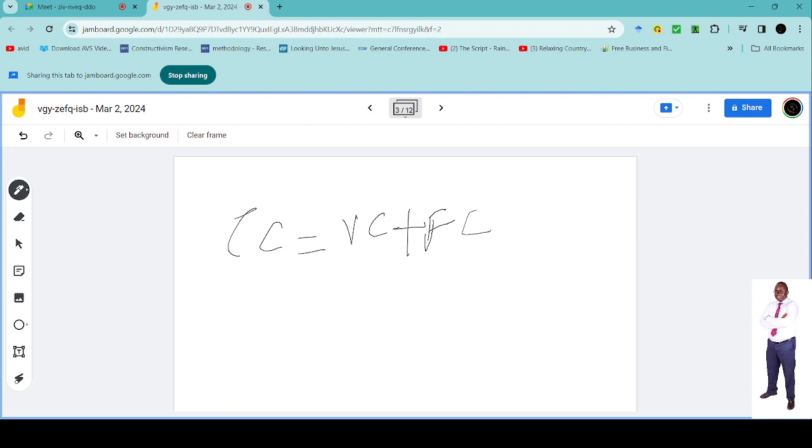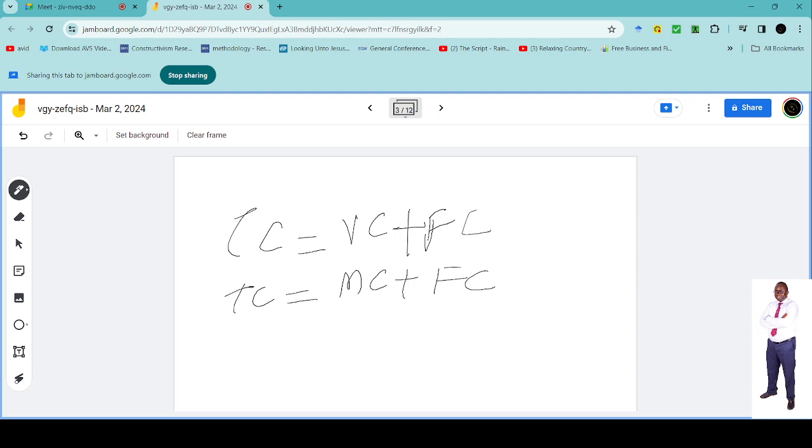Sorry, I don't know why my pen today is misbehaving on the whiteboard. We went ahead and said this could equally be written as total cost equals marginal cost plus fixed cost.